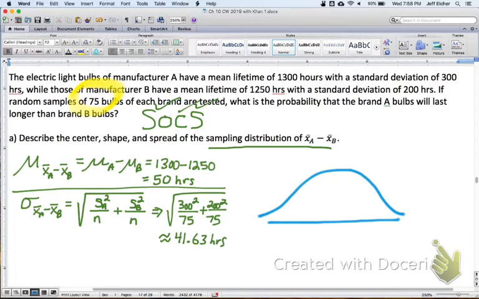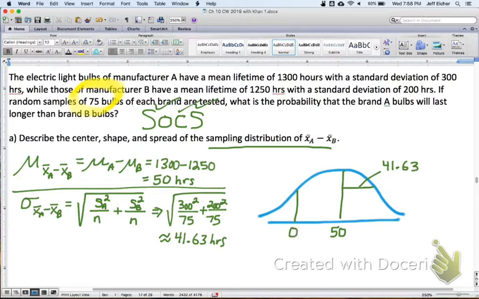We had 50, which on average means the A bulb has a 50 hours longer life. And then the standard deviation is 41.63. Really important number here is 0. So 0 is a little more than 1 standard deviation away. Here's 0.